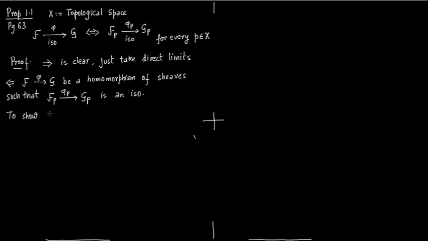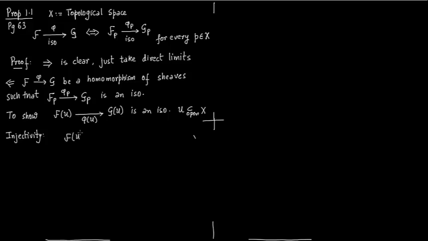So we have to show F(U) to G(U) is an isomorphism for every set U which is an open subset of X. We are essentially talking about morphism of sheaves, so you should not worry about the word homomorphism I have used. It is just in case there were groups, but we always talk about morphism of sheaves.